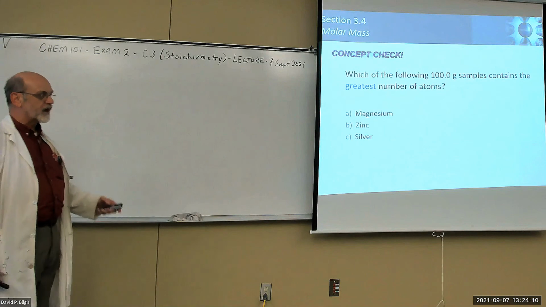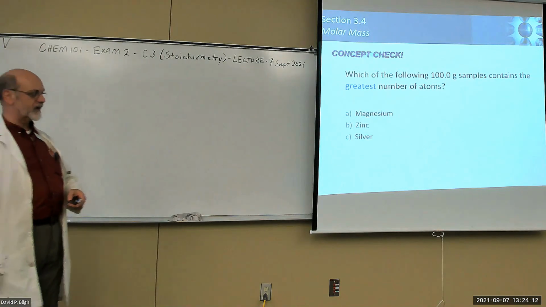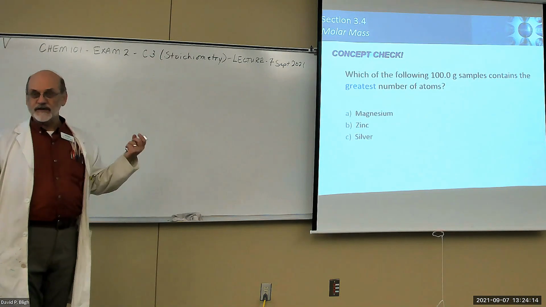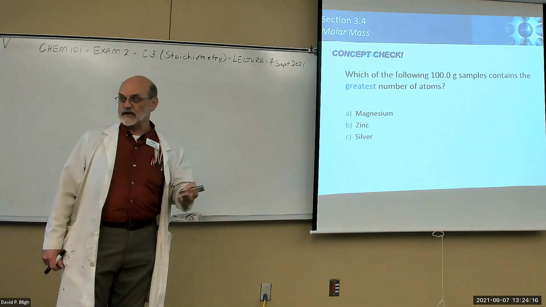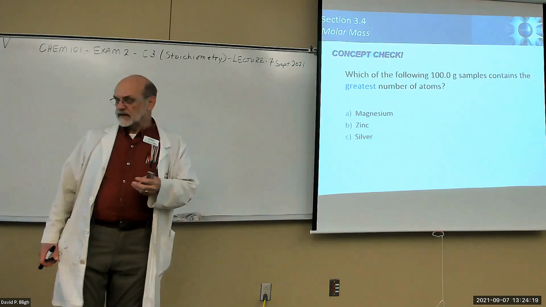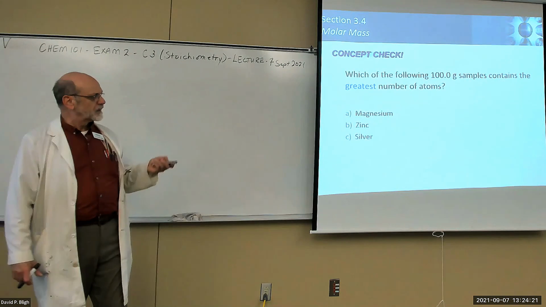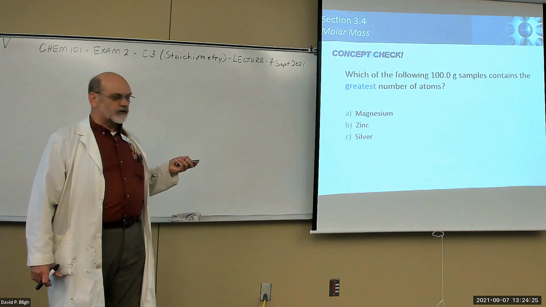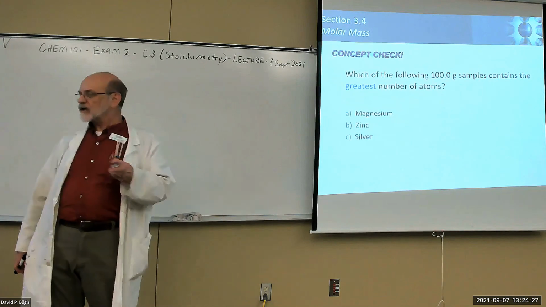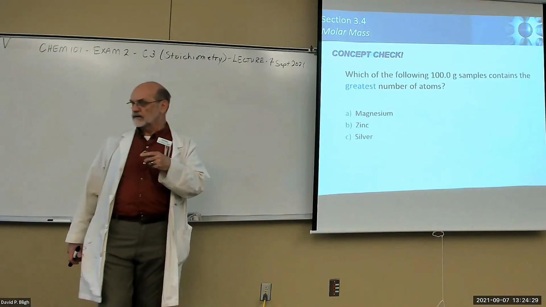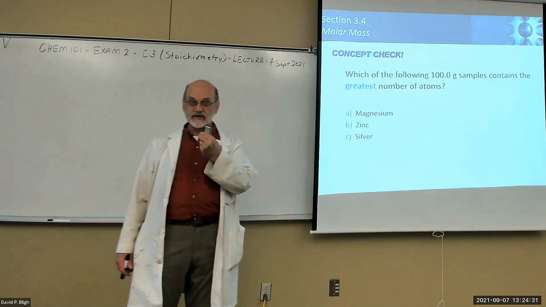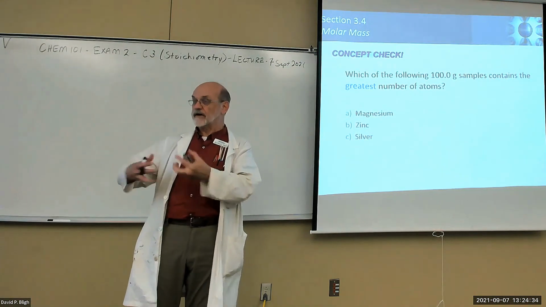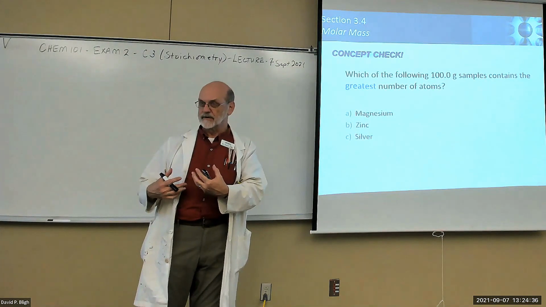Which of the following 100-gram samples contains the greatest number of atoms? We can actually solve this without doing calculations also. It's conceptual. If every one of these samples is 100 grams, how do you end up with that many grams? By the individual mass of each atom, right? You have enough of them to make up 100 grams.